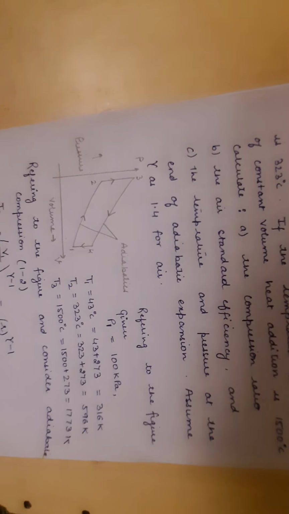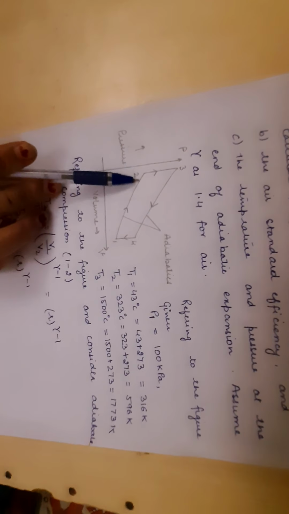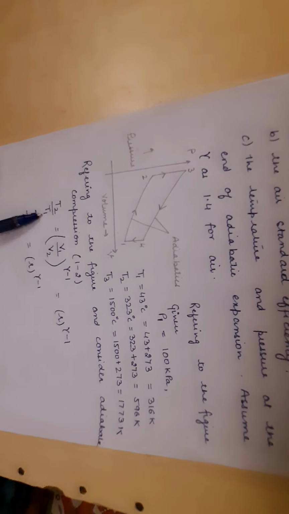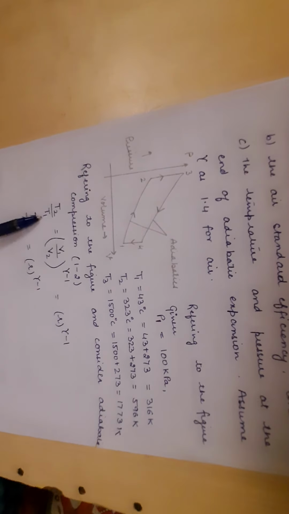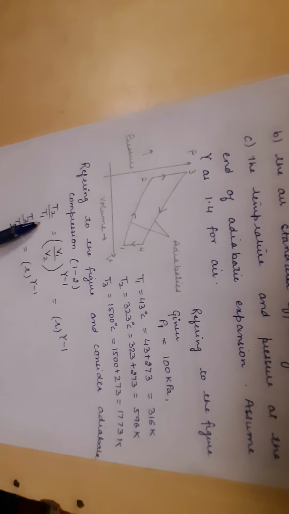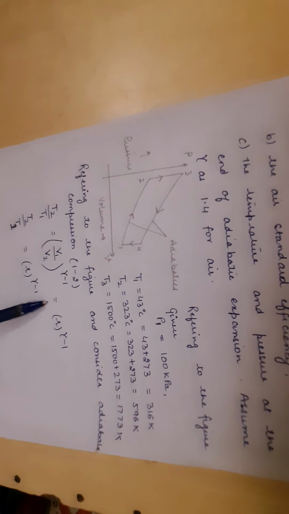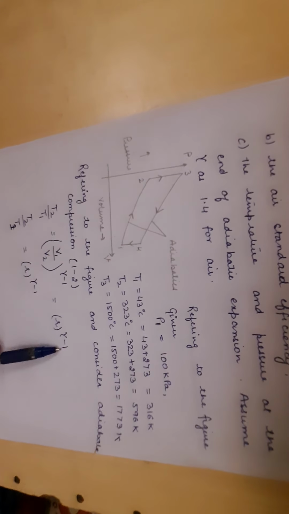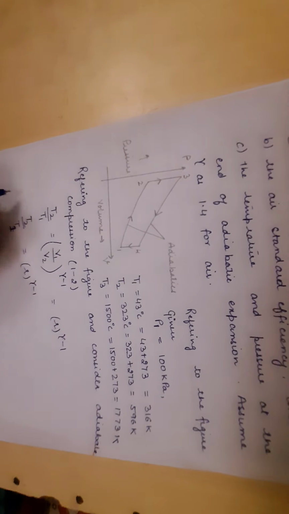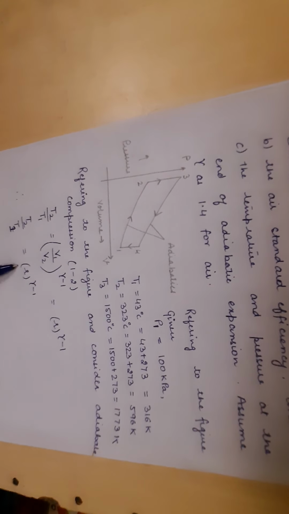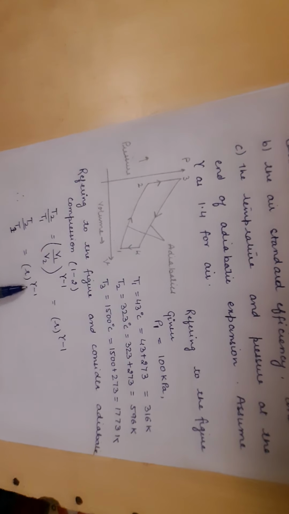T2 is at higher temperature, that is 596 Kelvin, and T1 is at lower temperature, that is 316 Kelvin. So T2 upon T1 is equal to V1 upon V2 raised to the power gamma minus 1, which is equal to r raised to the power gamma minus 1. Therefore higher temperature upon lower temperature is equal to r raised to the power gamma minus 1.